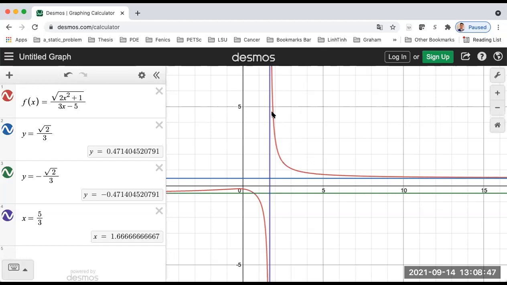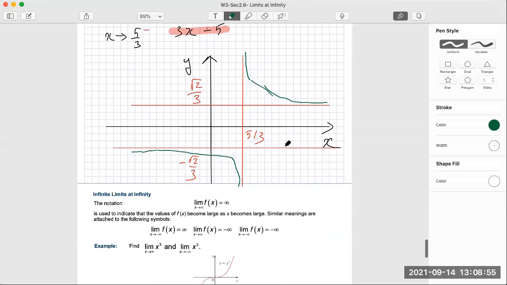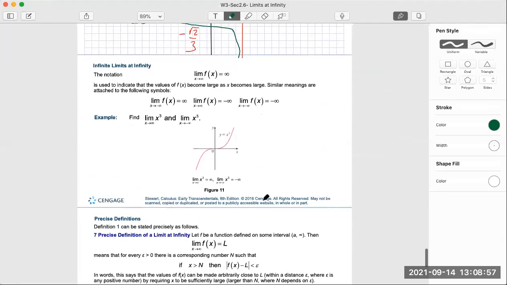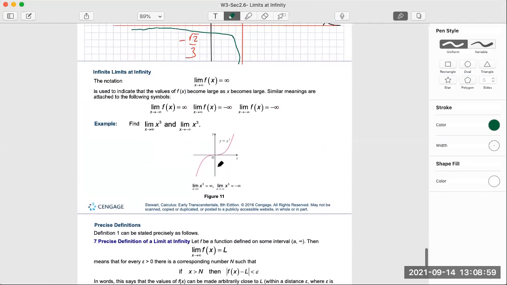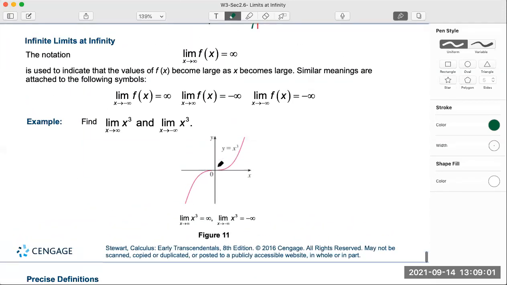Now let us try to find some other example here. Here is another example of limits as x approaches infinity and negative infinity. For x cubed, as x approaches infinity, f of x goes to infinity, right?